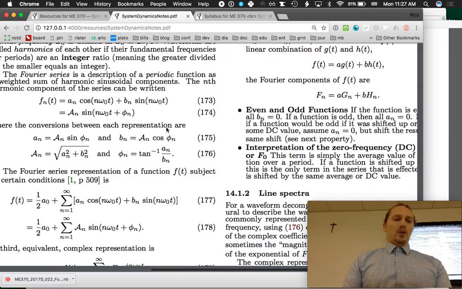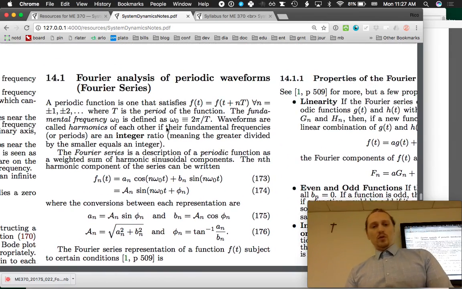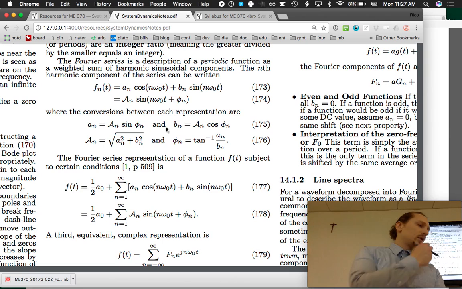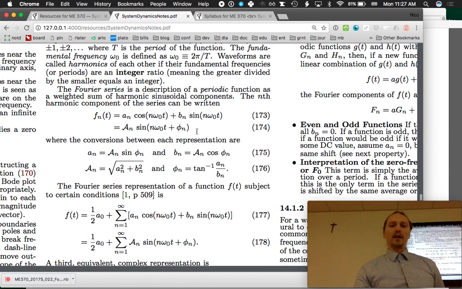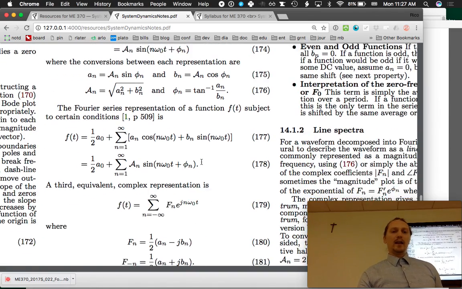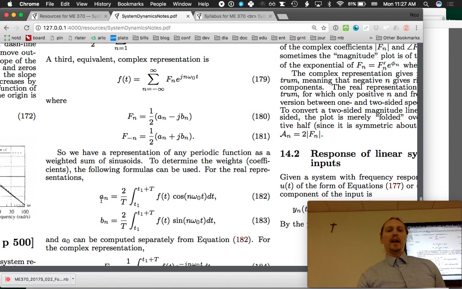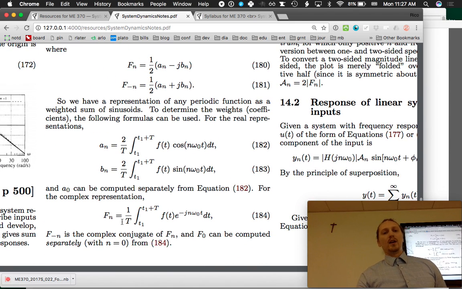Okay, so we apply the equations of the Fourier analysis. We could use any of the three representations that we have, right? We have to compute either the a_n's and b_n's or the f_n's. We have to compute some of them.